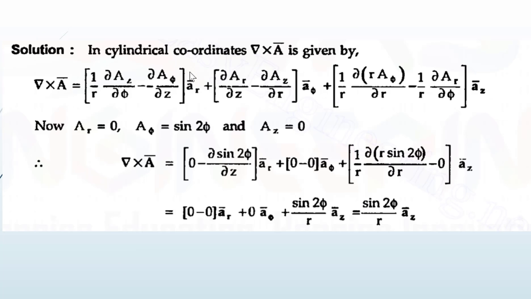So how to solve this? We know in the cylindrical coordinate system, del cross A bar is equal to 1 upon r times the determinant, or you can consider this equation.